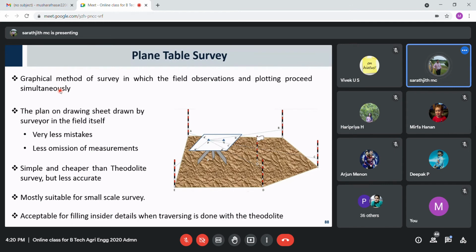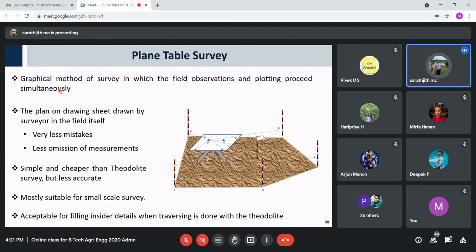Such an advantage is there if you do both the mapping and measurement together. Also, you are in the field, and whatever information you want, you can directly mark on it. There is no chance that you miss some of the measurements that you want to take. So missing data and making mistakes will both be very less in plane table surveying.